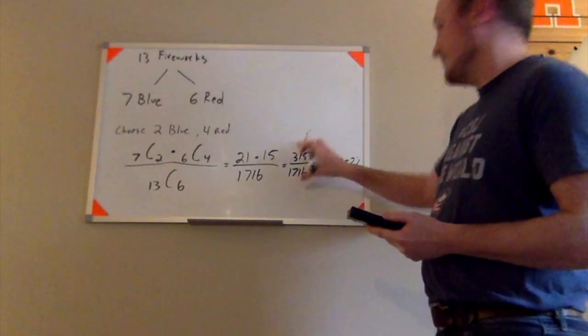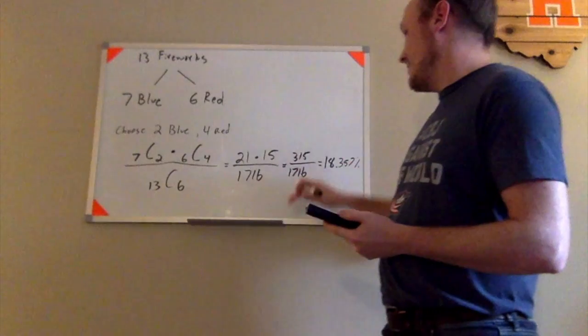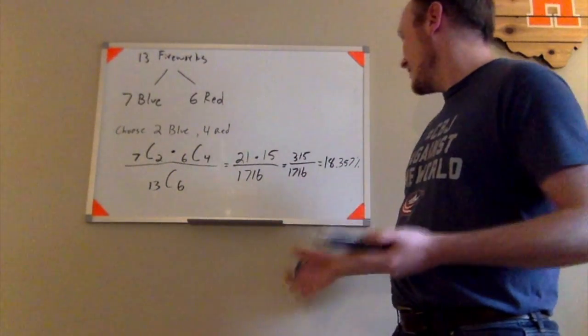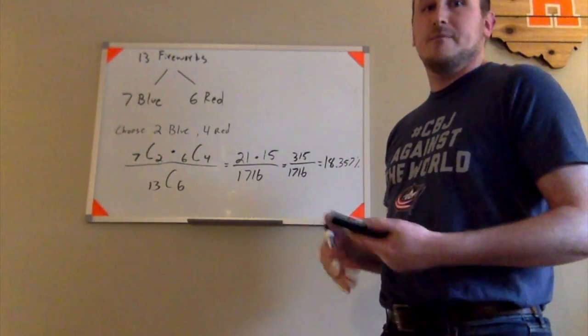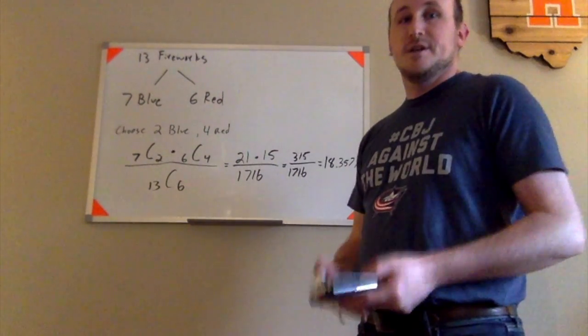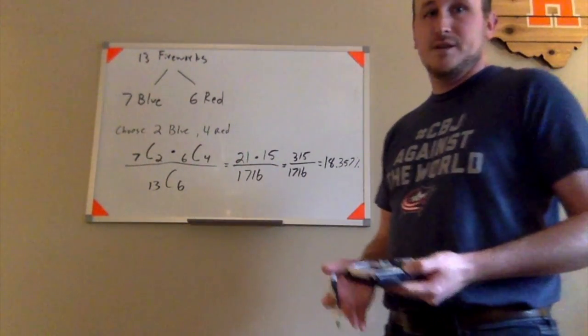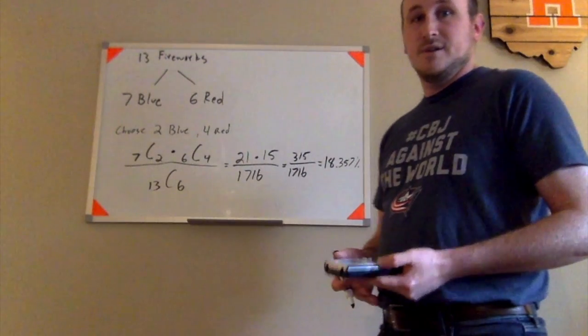So again, I divided the numerator by the denominator there. That gave me 0.18357, etc. And then I multiplied by 100 to convert it to the percentage, and I rounded that answer to 3 decimal places as it had asked in the problem.